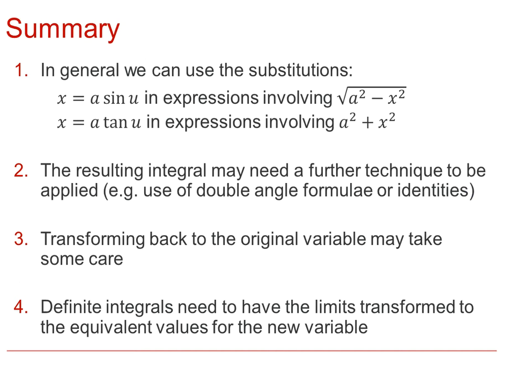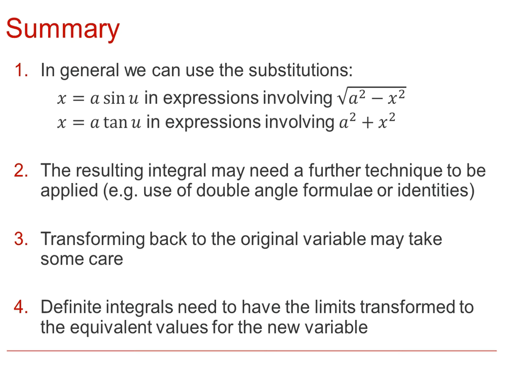Alright then, in general we can use these substitutions, x equals a sine u, where we have expressions with the square root of a squared minus x squared, and x equals a tan u, where we've got an a squared plus x squared. Note that the resulting integral may need further techniques to be applied, such as the double angle formula or identities such as tan x equals sine x over cos x, and remembering that cos and sec are reciprocals.